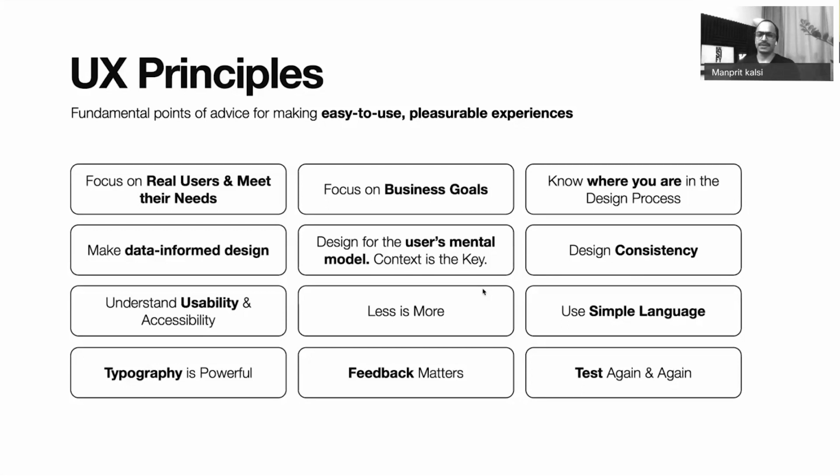And use the right kind of typography, because typography plays a big role. And then feedback matters. Keep taking feedback from the user and keep evolving your product. And then the core is testing. So test again and again and again, during the process and after delivering the product. Testing is the key here. So keep testing with the users.